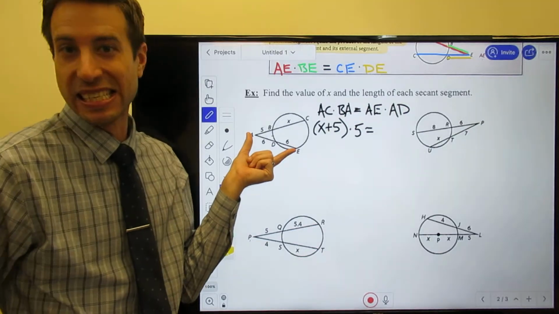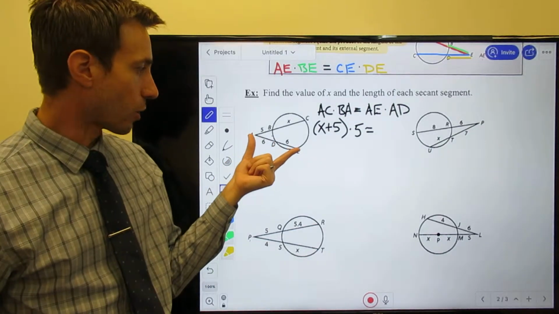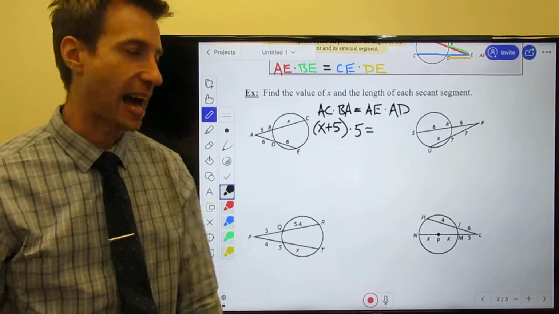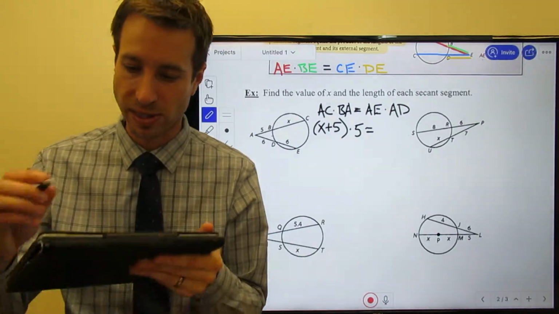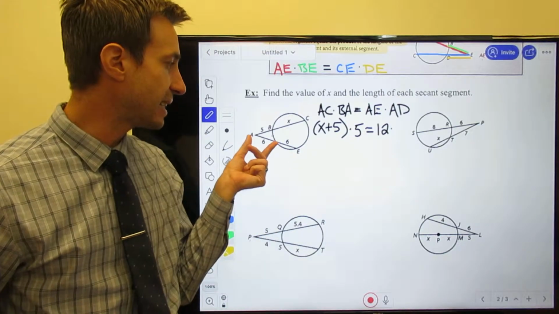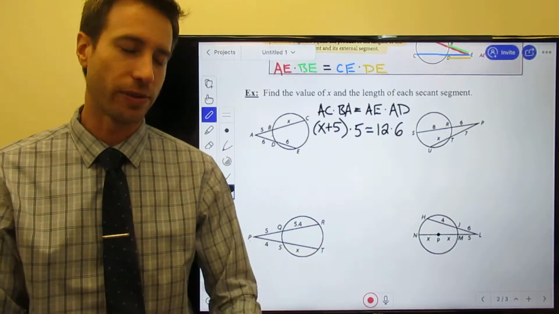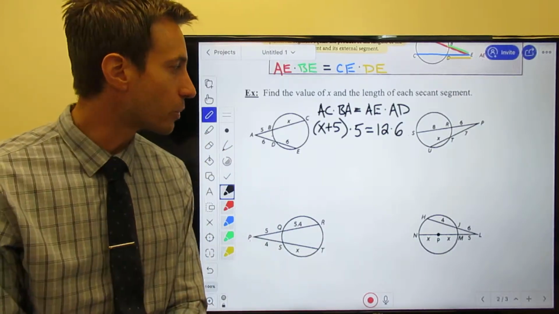Oh, this one's easy. I gave you both of them. This piece is 6 and this piece is 6. So how do I find AE? Add them up. AE has to be 6 plus 6, which is 12, multiplied by AD, which is 6. Here's why the algebra is slightly trickier than the ones we did before.